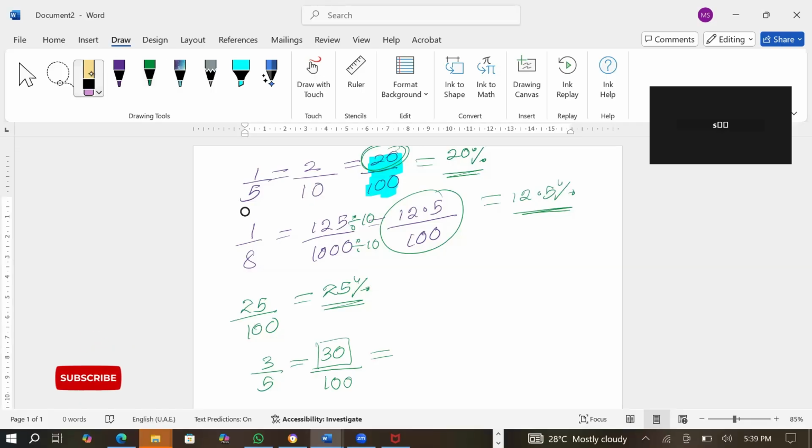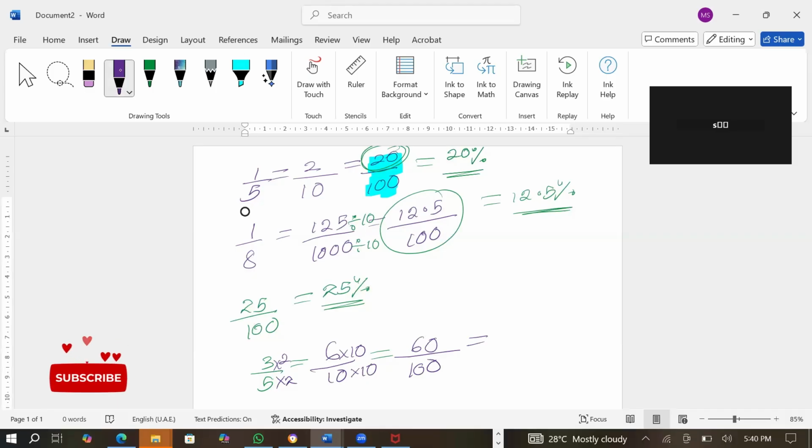I also made a mistake. 5 times 2, 10. 3 times 2, 6, right? Then if the denominator is 100, what should be the numerator? 10 times 10, 6 times 10, 60. So write this as a percentage. 60%.